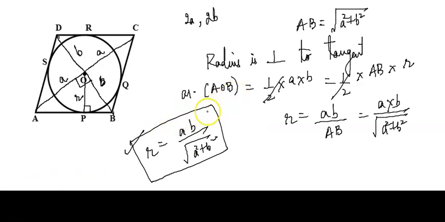But you have to remember that here a and b are not diagonals, they are the semi-diagonals, or half of the diagonal. If you want to calculate in terms of diagonals, we can say that the inradius is equal to d1 into d2 upon 2 times the square root of d1 square plus d2 square.